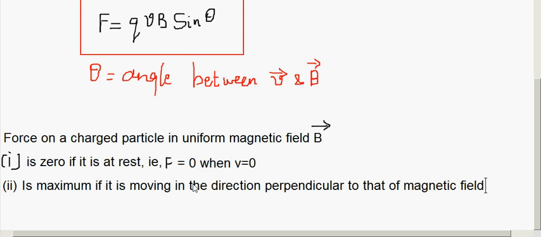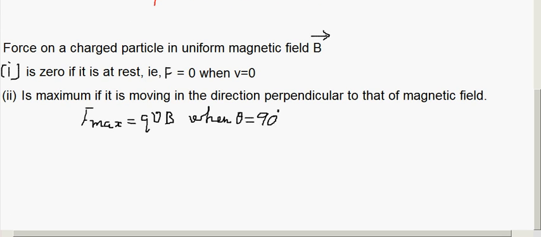That is, F max is qvB when theta is 90 degree, that means the particle is moving in a direction perpendicular to the magnetic field.